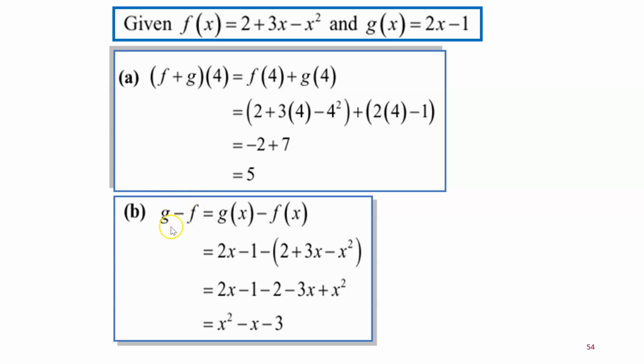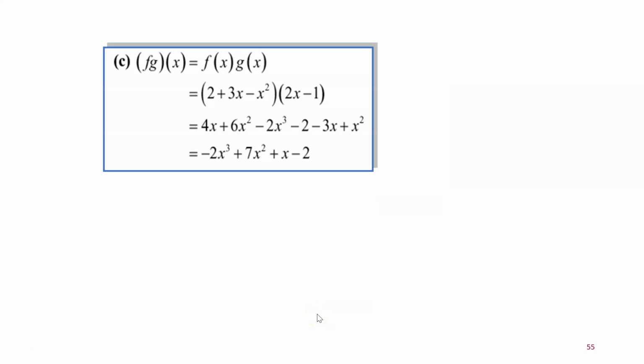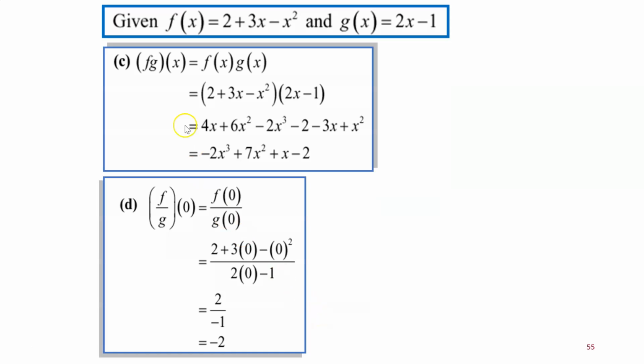Okay, how about when you have minus? Okay, tolak, hasil tolak, g minus f, g of x minus f of x. So you have g of x, this thing, just minus this thing. So you tolak macam biasa, okay, until you get this answer. And this example, for C, f times g, or fg.